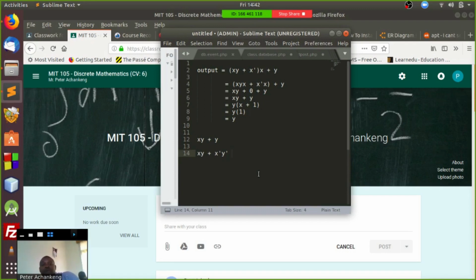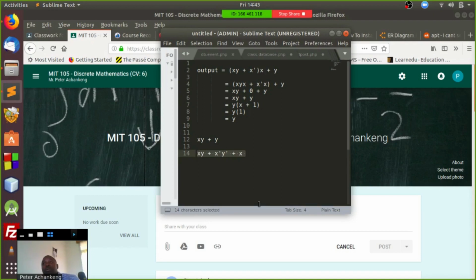So if I added another term here, for instance, xy plus x prime y prime plus x, then my conclusion is that this expression is not in disjunctive normal form. Why? Because the third term, which has just an x, doesn't contain any variable of y.